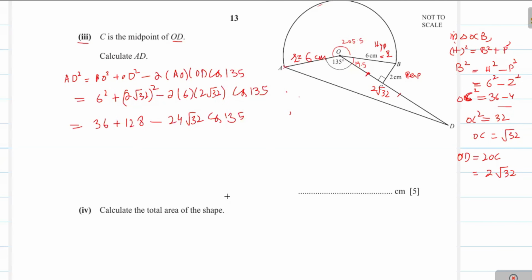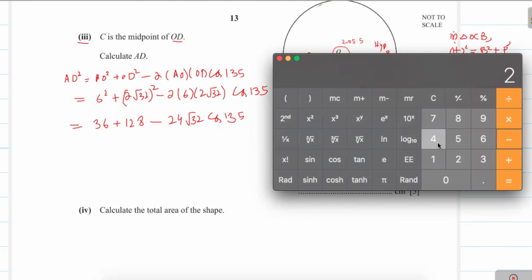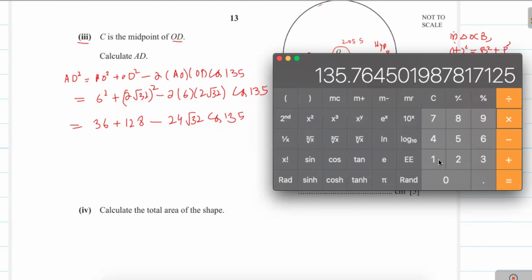Now we calculate it, and this will be equal to 36 plus 128 minus 24 multiplied by square root 32 multiplied by cos 135, and this will be equal to 260.